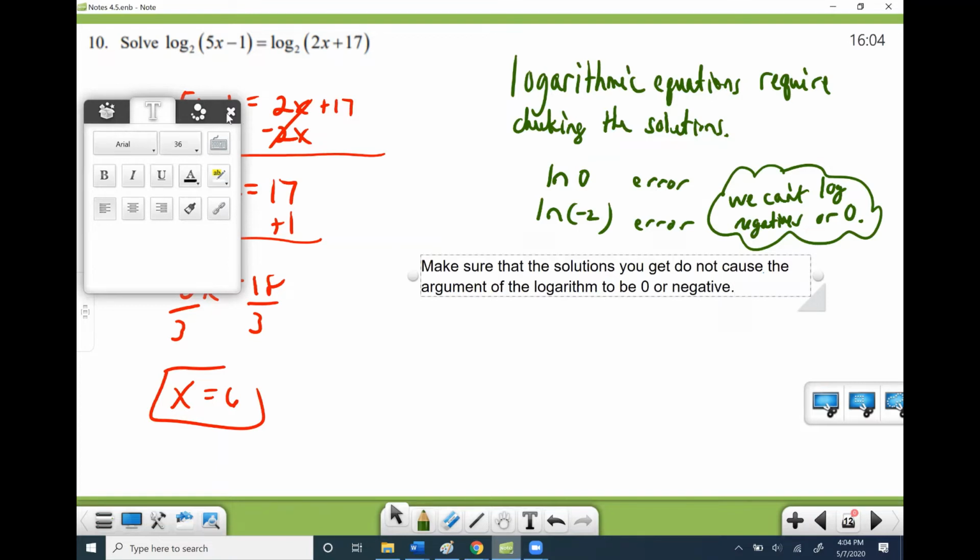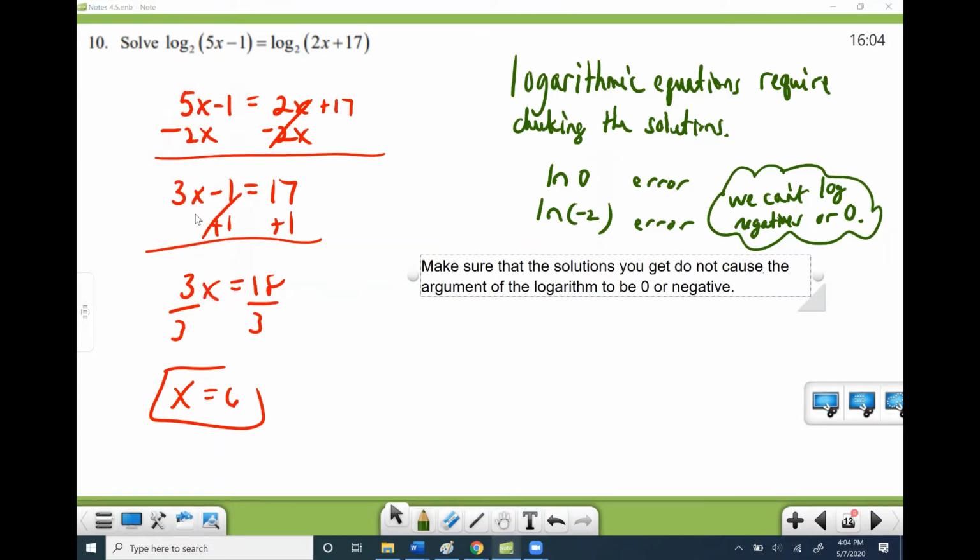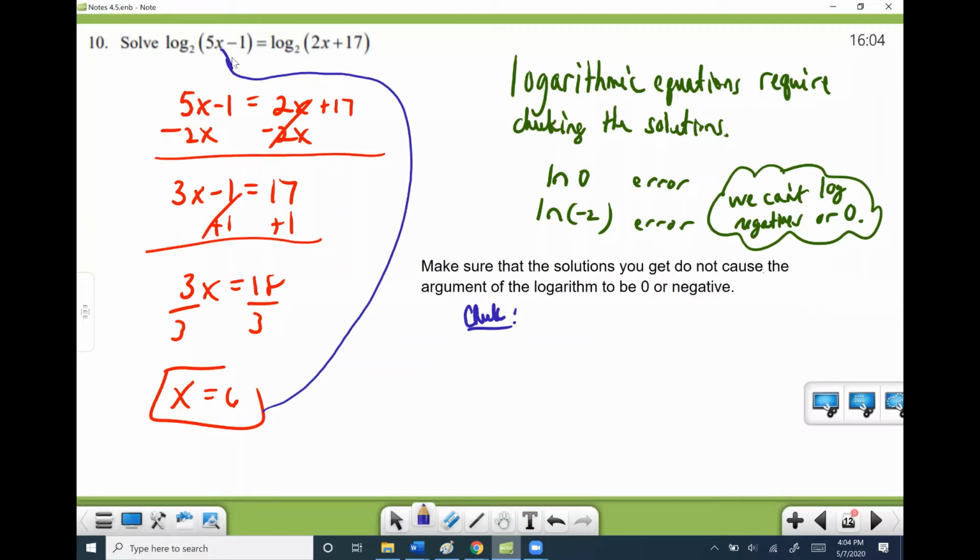Okay. So, you'll do this in your head quite often, you guys, but since this is our first time doing it, I am going to write it out. So this is me checking. I'm going to plug 6 back into both of them, here and here. So 5 times 6 minus 1 is going to be 30 minus 1.